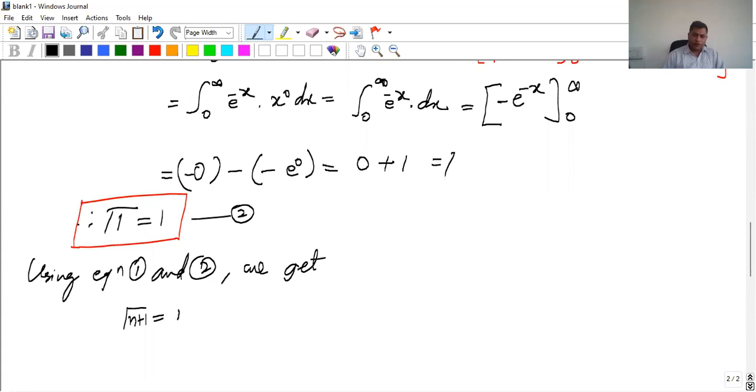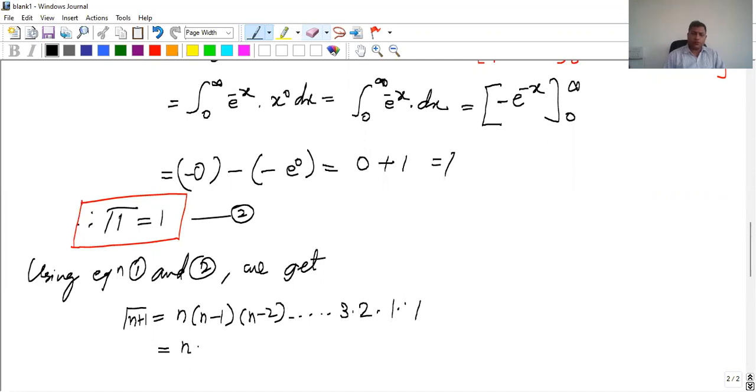Now here what we'll have is n, n minus 1, n minus 2, and so on, finally 3, 2, 1, and this gamma 1. Gamma 1 also we have calculated, and we got it is going to be 1 only. So what is this number we can have? n into n minus 1 up to 1.